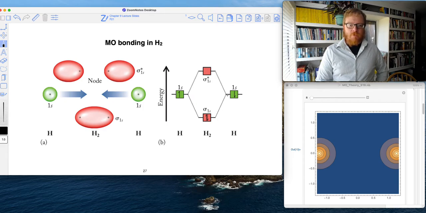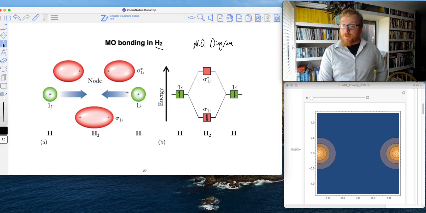Okay, so let's keep going with this. Here we have an MO diagram, a molecular orbital diagram. We start here with two separated, in this case, hydrogen atoms. So we're making the H2 molecule here.